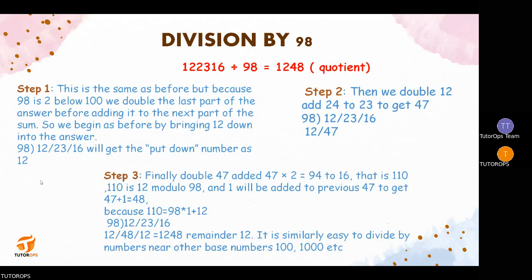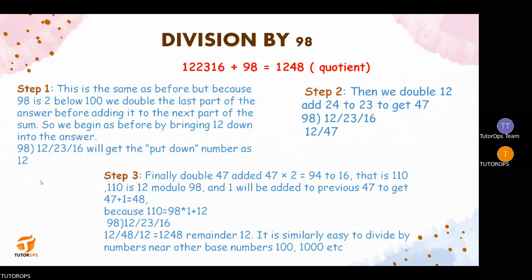That means 110 is written as 98 into 1 plus 12. That means we are basically taking the modulo operation here. I will give you some applications of the modulo operation with Vedic math later on. But here I am taking the basic modulo operation, that is 110 equals 98 times 1 plus 12.